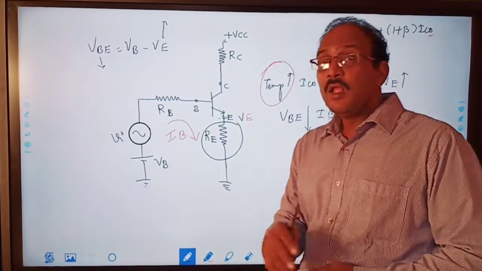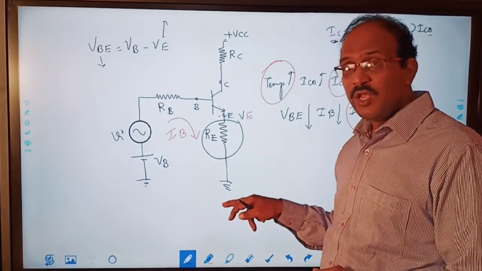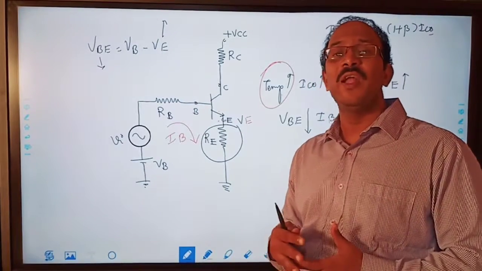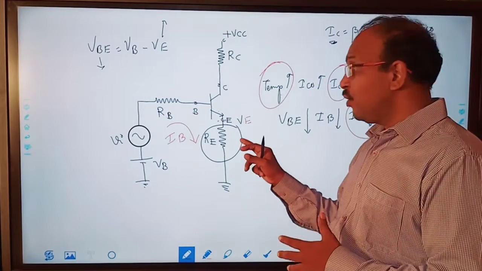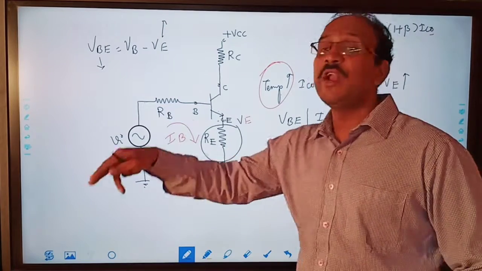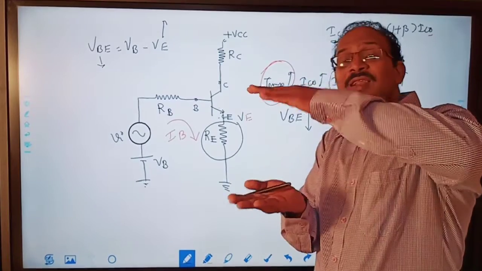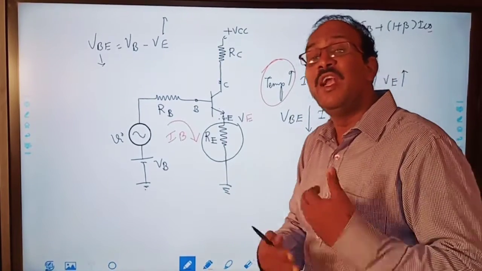Got it? Whatever change in output is corrected from the input side. So for the change in output, feedback is provided to the input side. Opposite feedback means this increases and the gap decreases. So we can say negative feedback is provided.